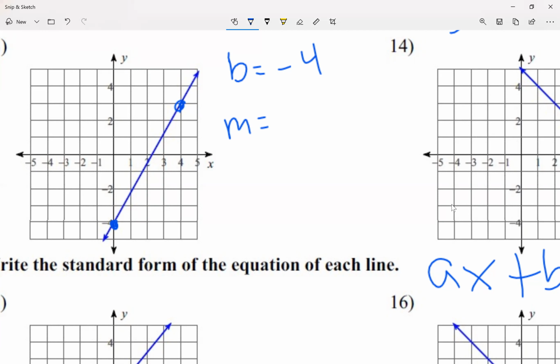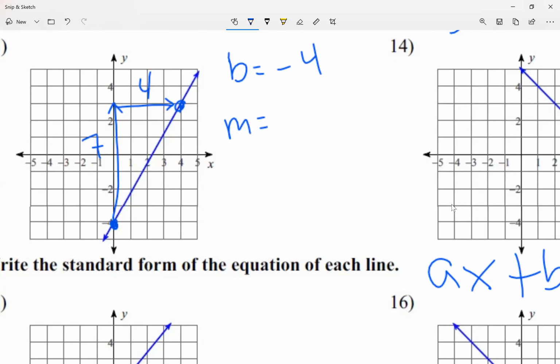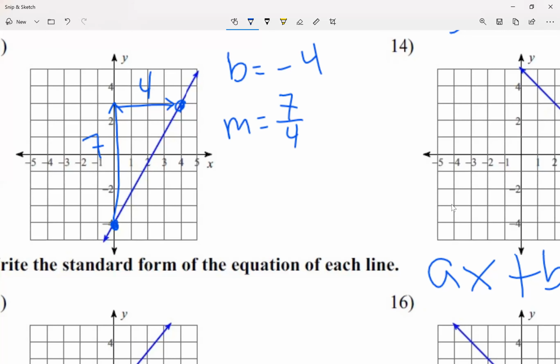For example, if I start from this one at the bottom, I will go up. Count how many squares, and it looks like I go up 7 squares, and then I go to the right 4 squares. So my slope will be 7/4. Positive 7 because it went up, positive 4 because it went to the right.